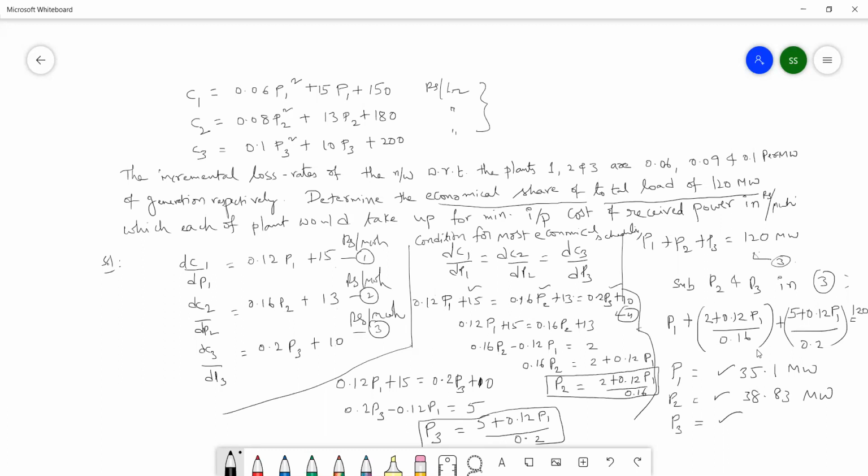And the summation of these two subtracted from the total load gives P3: 46.04. Now adding all these three gives 120. Almost, sir. So all of you got the same answers, or any deviations? Check once.